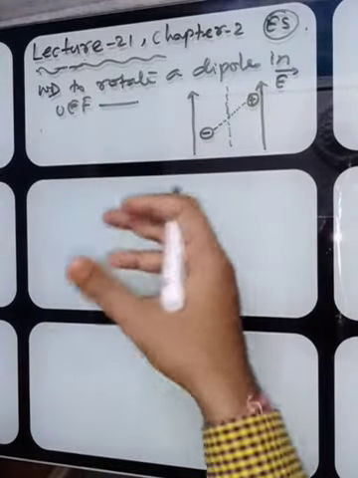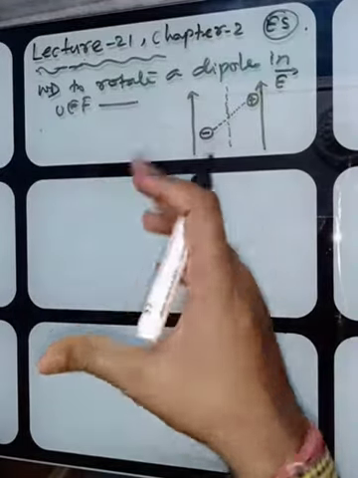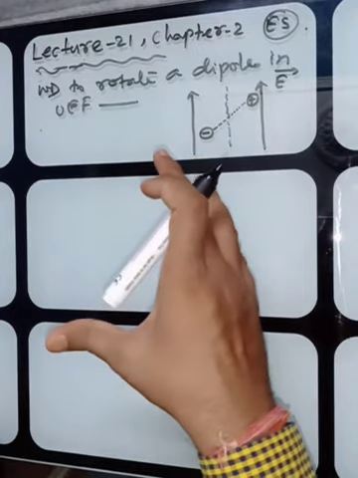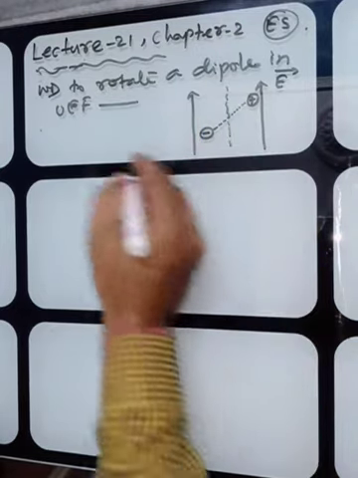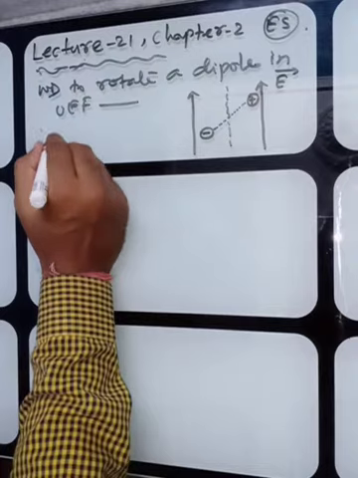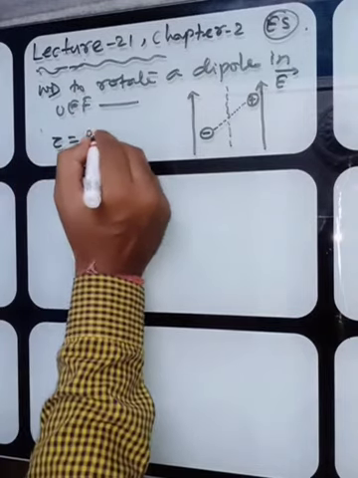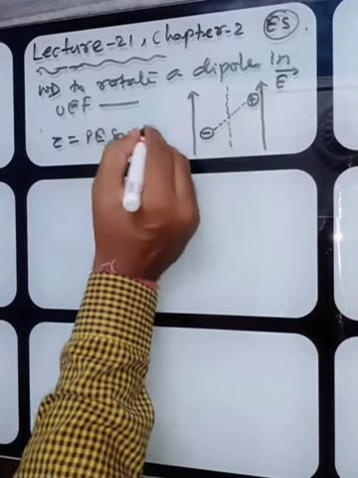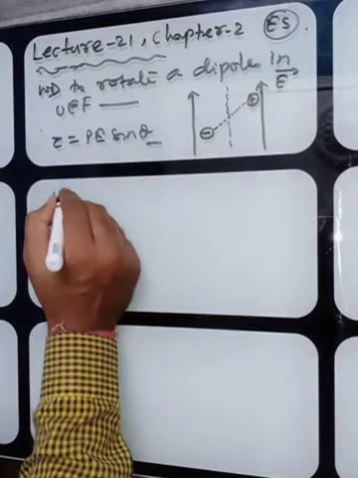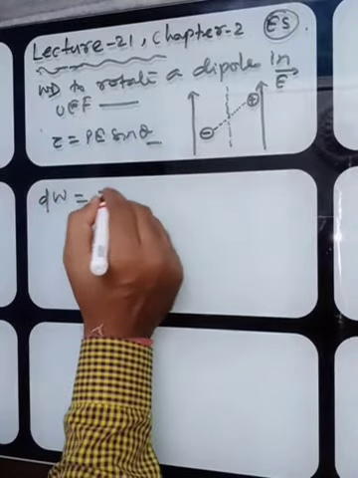As we know, the work done to rotate the dipole is a very simple calculation. The torque is pE sin theta, which we have already derived, and small work done can be written as tau d theta.